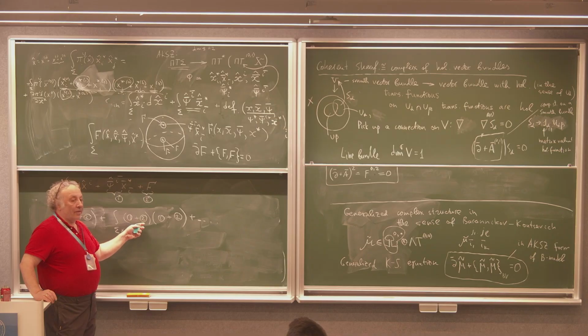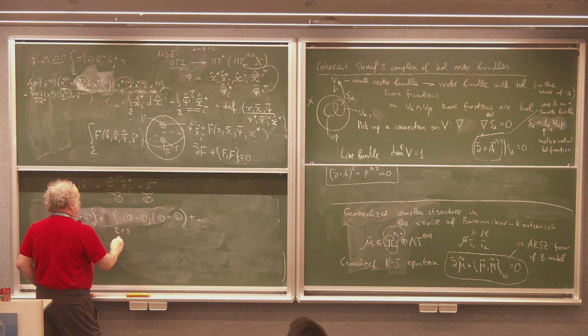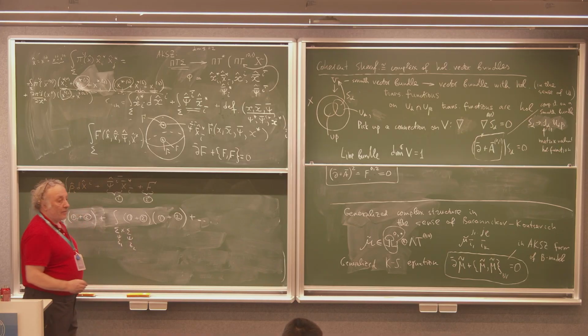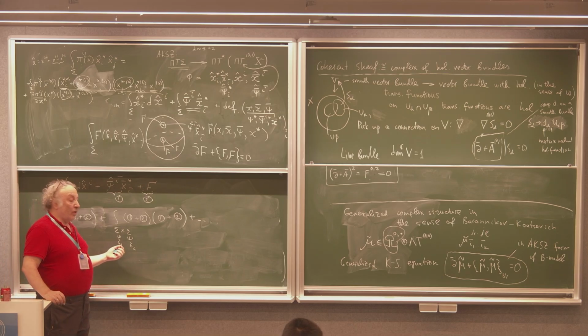However, this term actually has a boundary, because the first point should be sigma 1 belongs to sigma, and sigma 2 belongs to sigma. And these points, sigma 1 and sigma 2, could come together.